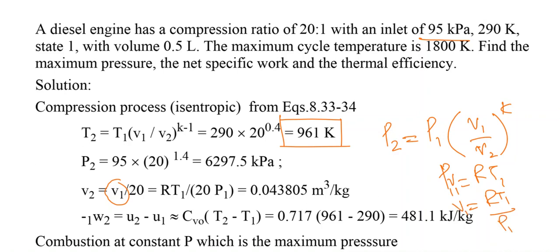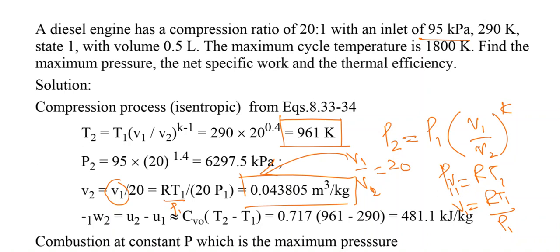V1 by V2 is equal to 20. Putting them in the equation, you can find the volume V1 and also the volume V2, which is the volume V2 over here.